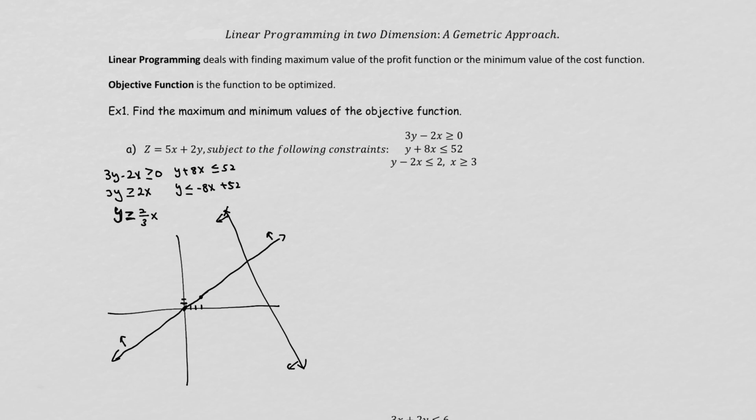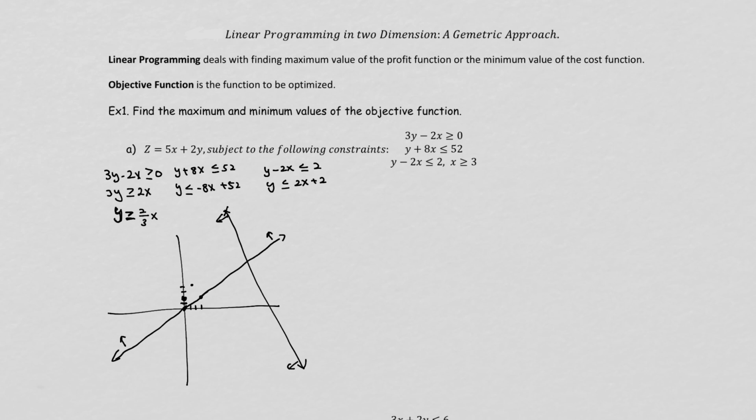And then you want to do the third one. The third one is y minus 2x is less than or equal to 2. So for y, you get 2x plus 2. So the y-intercept is 2, and 2 over 1 means go up 2 and move right 1. So it will be that point.